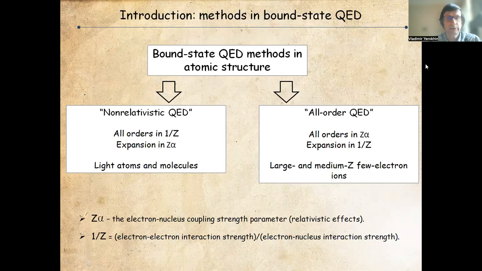Today we are interested in helium, so this is the way we will build our theory, but we will also keep in mind the alternative method which will be used for cross-checking, and at the end of my talk we will recall this.